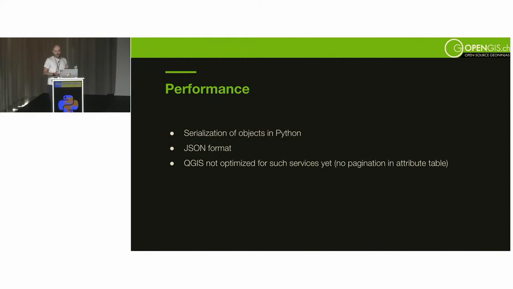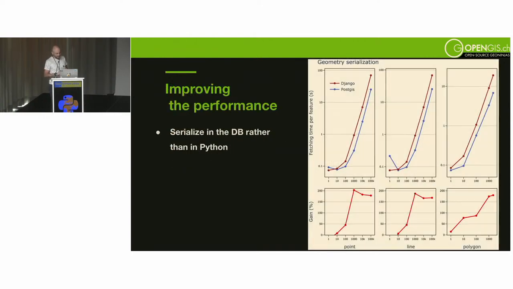While you have an endpoint which is paginated, so it's a bit not optimal at all. So now what can we do? Here we've shown that we can move part of the serialization effort to the database. So instead of doing the GeoJSON or JSON serialization in Python, we ask the DB to do it for us.